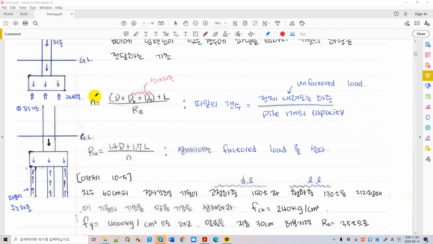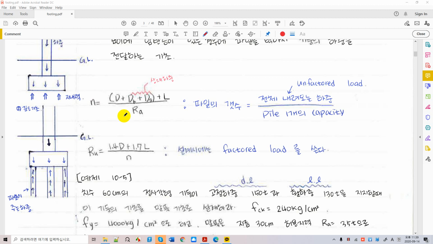So the number of piles is all the service load on the piles divided by the pile allowable capacity. This used to be the allowable pile bearing capacity, if you remember. Right now it is the pile capacity of one pile. Okay, and this will get you the number of piles.